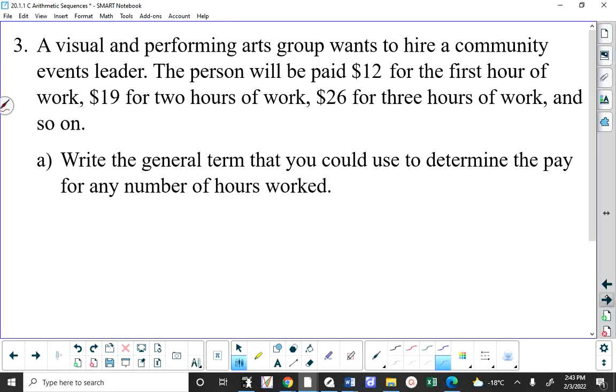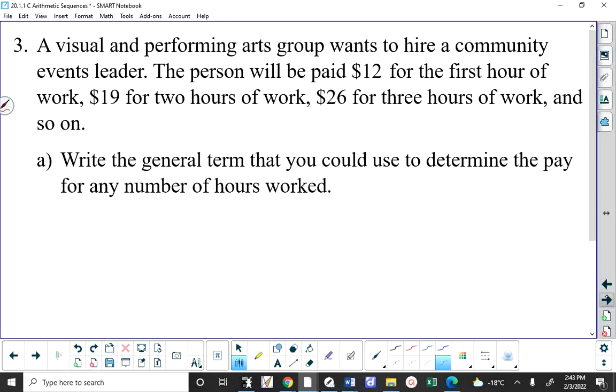But in order to entice the volunteers into agreeing, they give them this decreasing hourly wage, really is what it is. $12 for the first hour, and then I want you to understand here, if they work for 2 hours, they're only getting $9.50 an hour because it's $19 for both hours together, not for each. And then for 3 hours of work, it's $26.